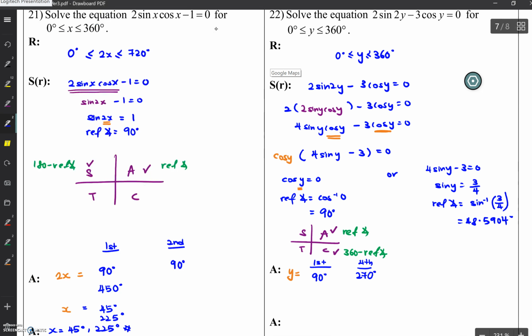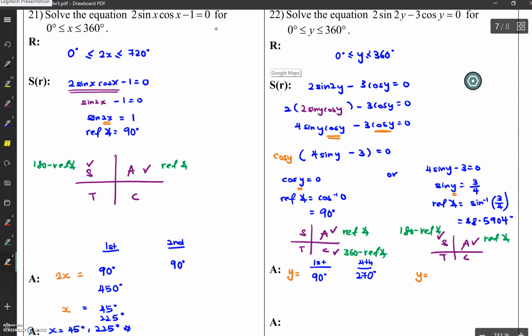Now next part. Same thing, I will identify my quadrant here, ASTC. What is the quadrant if I want sine to be positive? I hope you can see the first two quadrants here, meaning to say it is simply my reference angle and 180 minus the reference angle here. And similarly, this is y, so it will still be y equals.